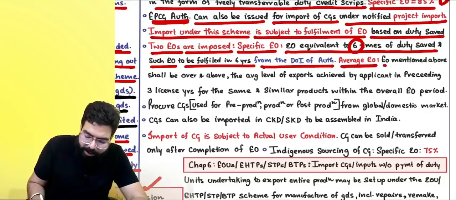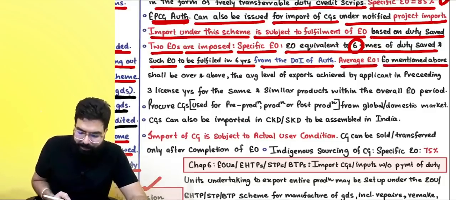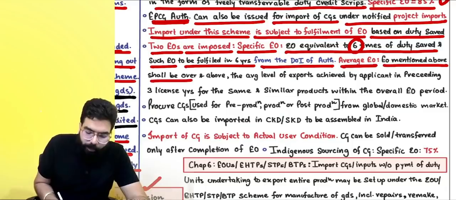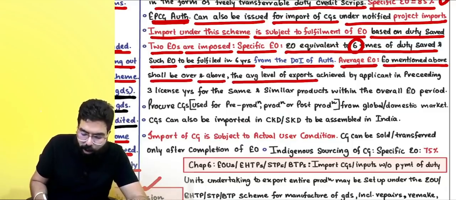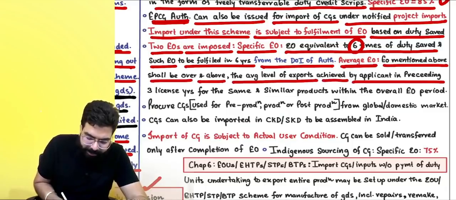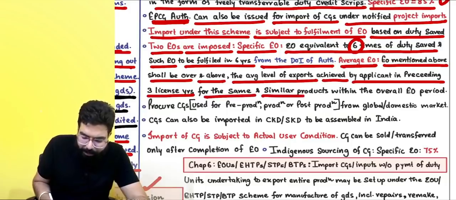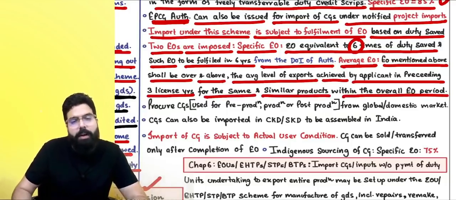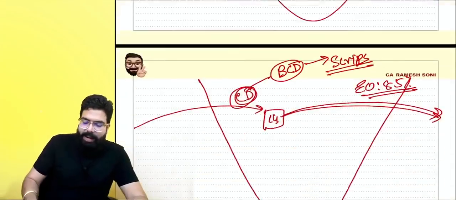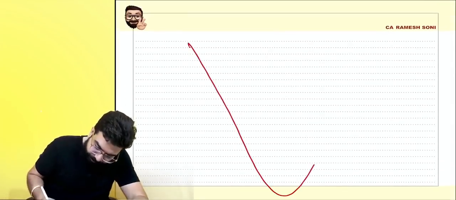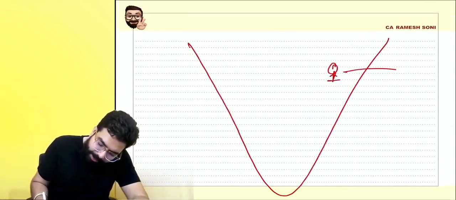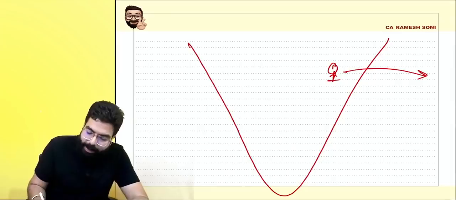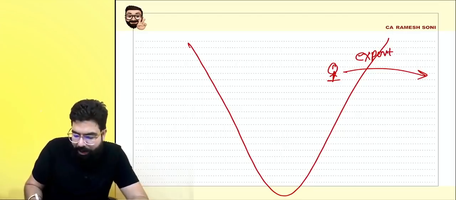Average export obligation mentioned above shall be over and above the average level of export achieved by the applicant in the preceding 3 license years for the same and similar product within the overall export obligation period. Sir, what do you mean by this? Everyone listen to me very carefully. I was already exporting over a period of 3 years, 5 crore on an average every year.